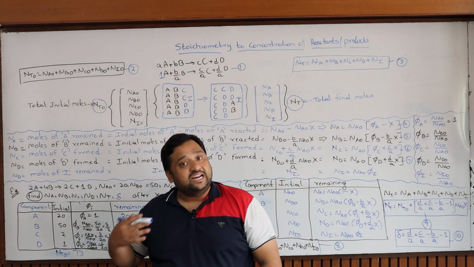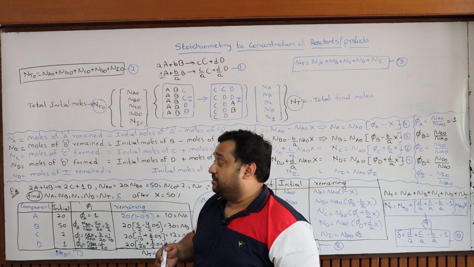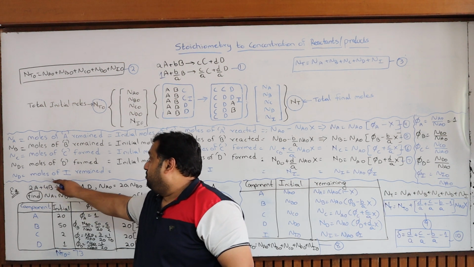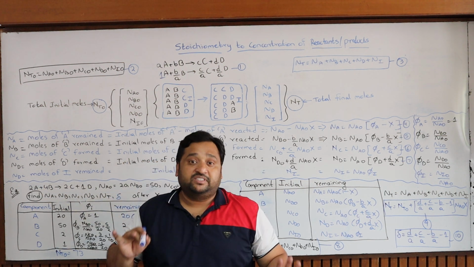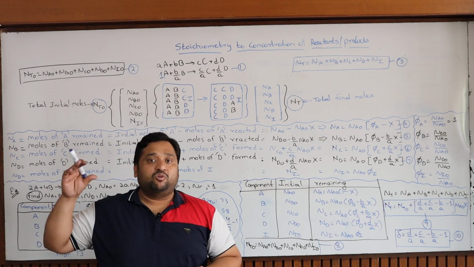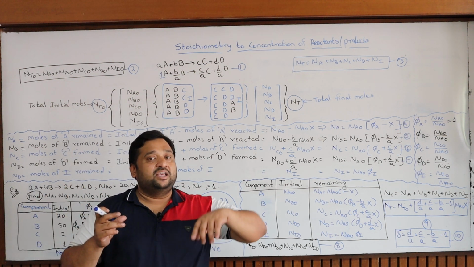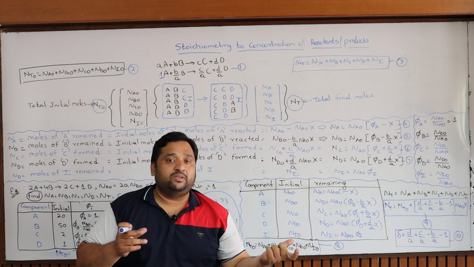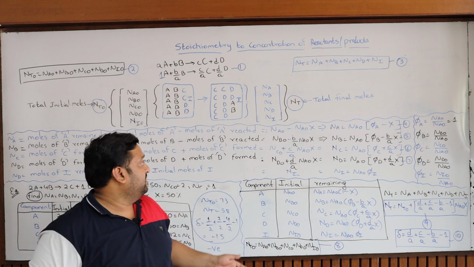And if there are inerts in the system, Ni is the moles of I remained, which is equal to the initial moles, because inerts are not getting formed. Whatever initial inerts are there, the same moles of inert will remain in the reactor.